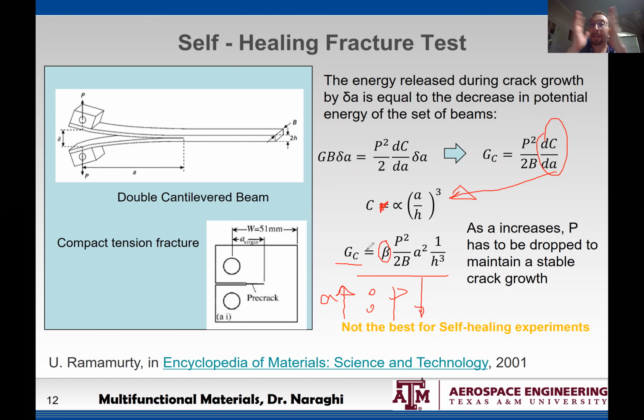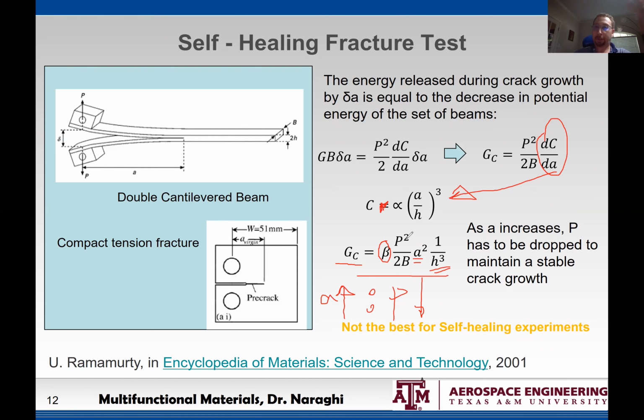That's a problem in self-healing experiments, because in self-healing experiments, you want to have a stable, gradual crack growth, so that you can put the two pieces together again, do the healing, and start the experiment. How can you do it? Well, if as A goes up, H also goes up, then you can have a stable crack growth.